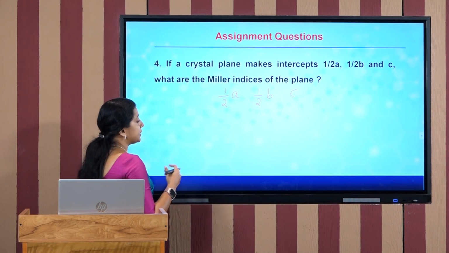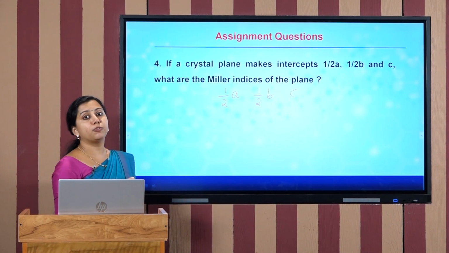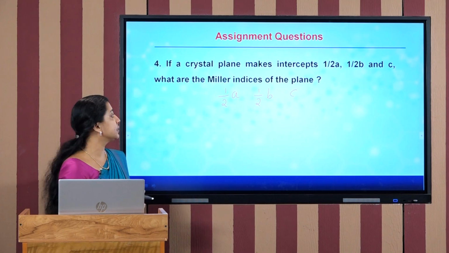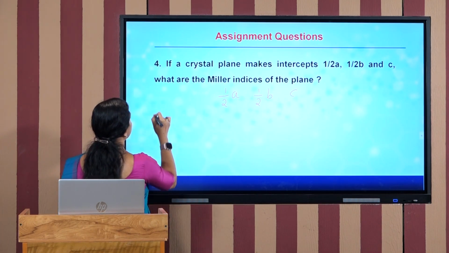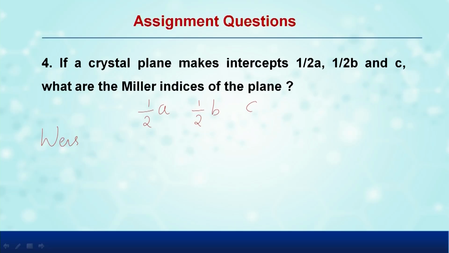So, in the last class we have seen the steps for finding out the Miller indices. First we have to determine the Weiss coefficients or Weiss indices. So, the coefficient of a is 1 by 2, the coefficient of b is again 1 by 2, and the coefficient of c is unity, that is 1. Now, what is the second step? You have to take the reciprocals.